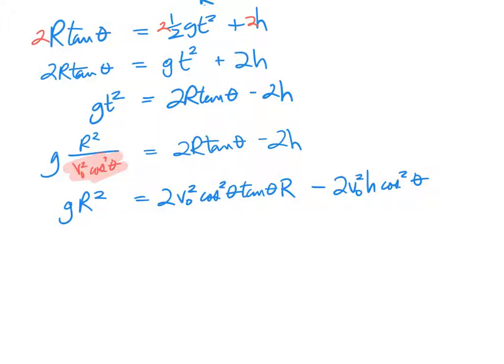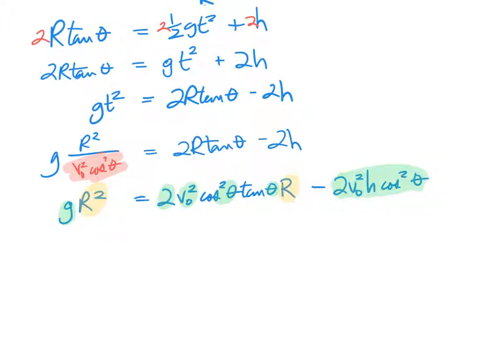What I hope you recognize is that basically, because I have an r squared and an r, this is a quadratic equation. Reason why is that's a constant, that's a constant, the initial speed is constant, the angle is constant, the height above ground is constant.